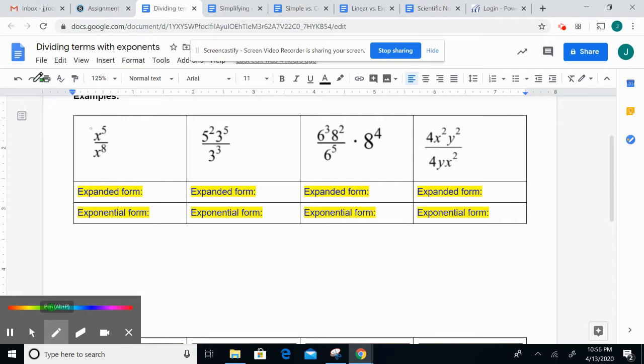You can see x to the 5th and x to the 8th both have the same base of x, different exponents, obviously. So when we go to do the expanded form, you are going to type it out, and if you can't type it out, I don't mind if you do it on paper and put a picture in the box. But on the top, we have 5 x's being multiplied. So let's write that out.